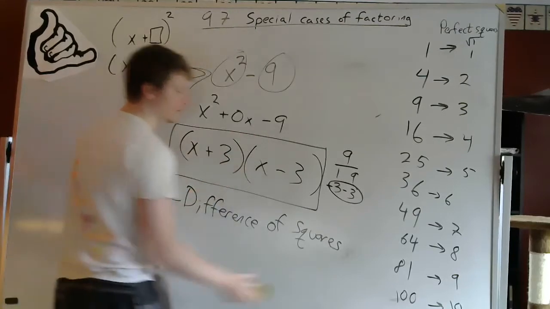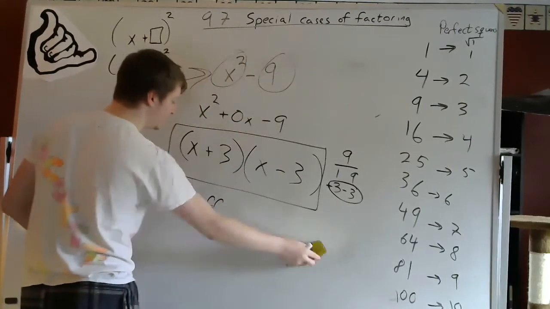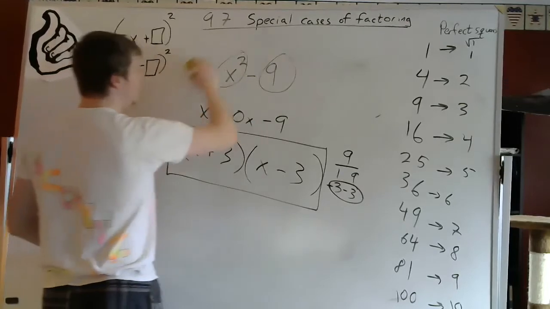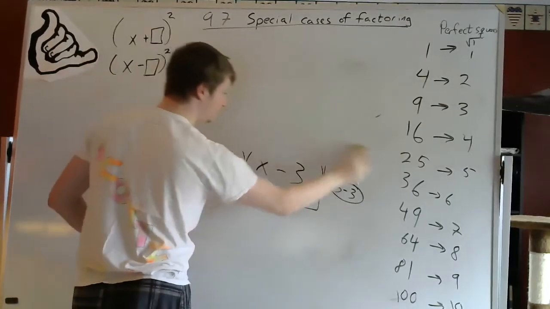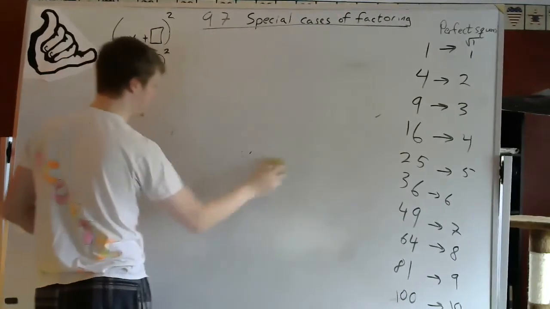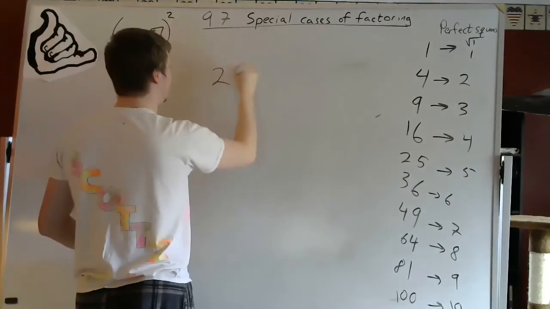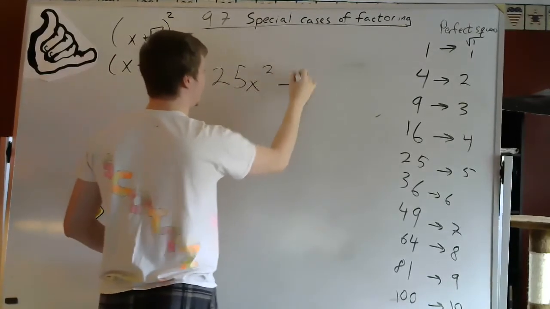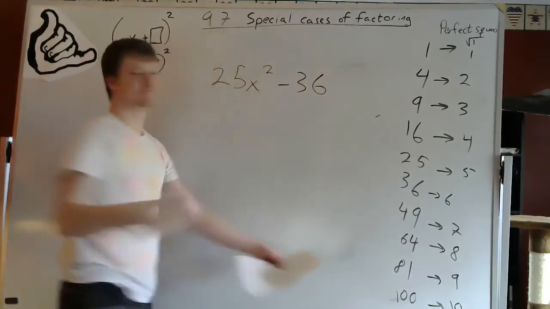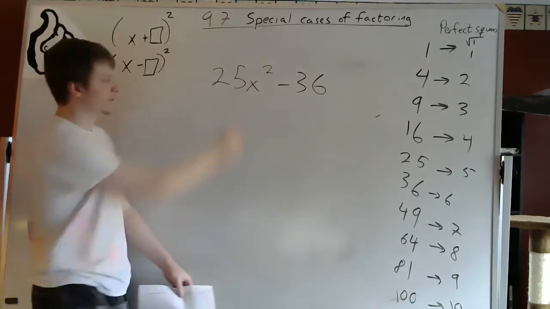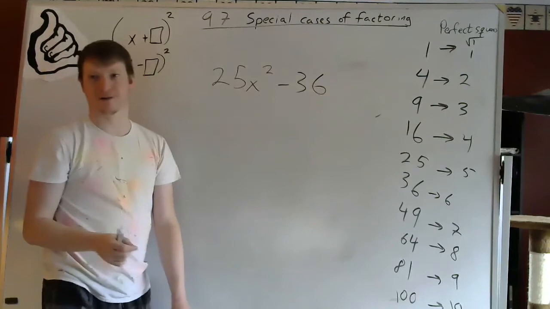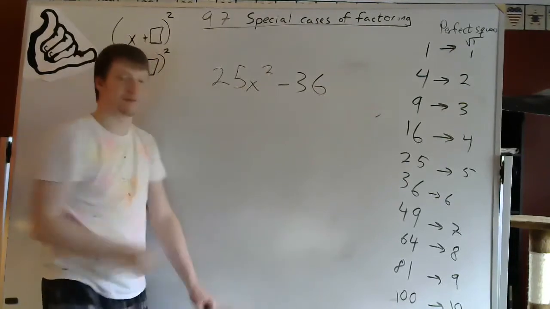So let's take a look at another difference of squares problem, and we'll use the shortcut. 25x squared minus 36. Perfect square minus perfect square. There's no third term in the middle.